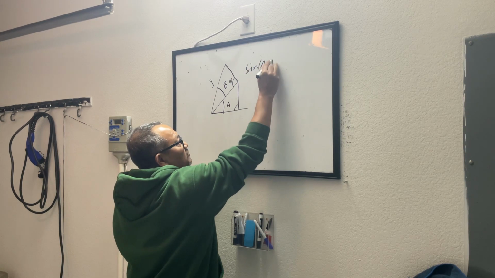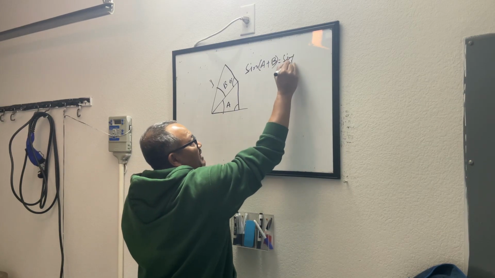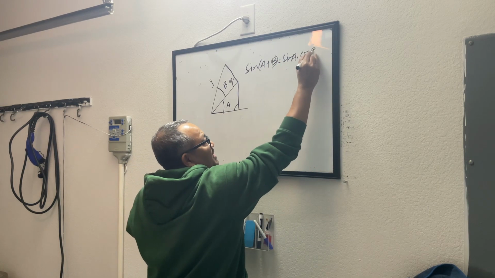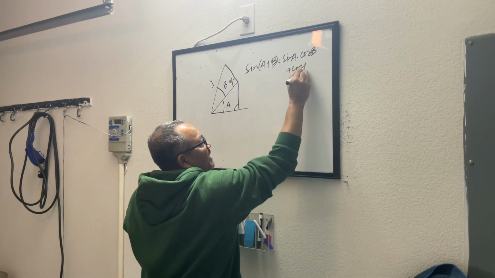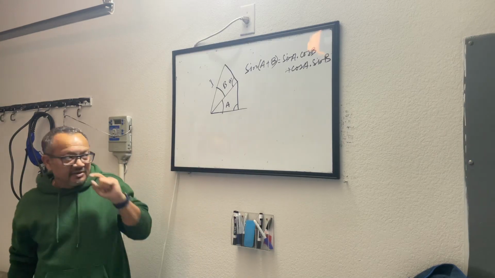So if I have two angles A and B, sine of A plus B equals sine of A cos B plus cos of A sine B. This is the formula that we derived.